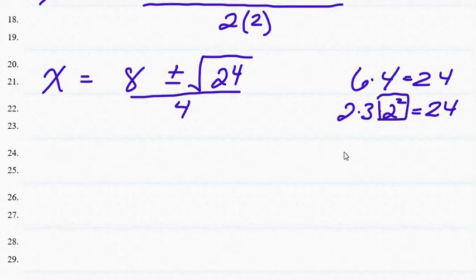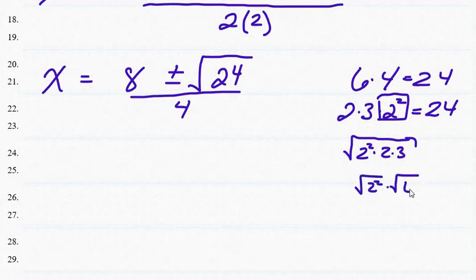So if I wrote it like this, 2 squared times 2 times 3, this can be rewritten as the square root of 2 squared times 6. But we can square root a square, so that just becomes 2 times the square root of 6. So you see that all reduced down to 2 times the square root of 6.